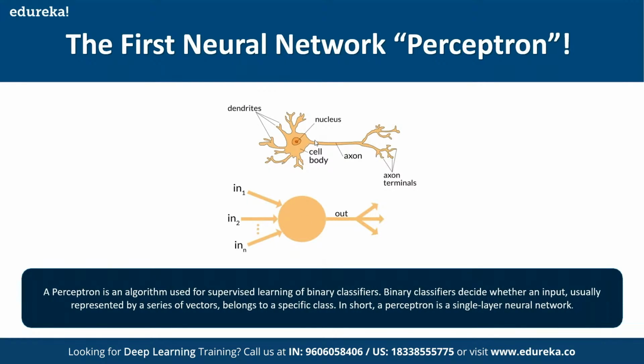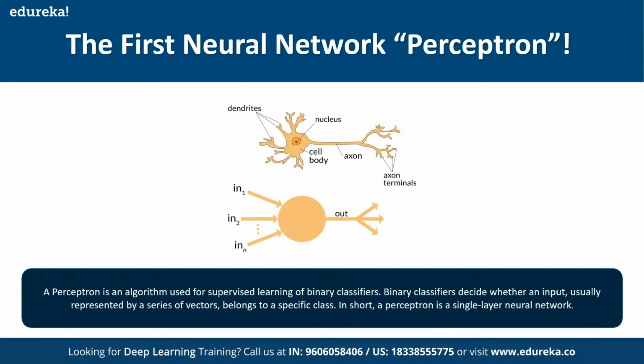And just like we've got a nucleus to analyze the information we receive from the sensory organs, in the same way we have a perceptron. You can think of them as a perceptron. Just like the nucleus analyzes data, here I also perform some kind of data transformation so that I learn as many patterns as possible from the data set. And just like we've got axon terminals, which send the output to the next neuron, here in my neural network I've got the output layer, which sends the processed information to the next layer.